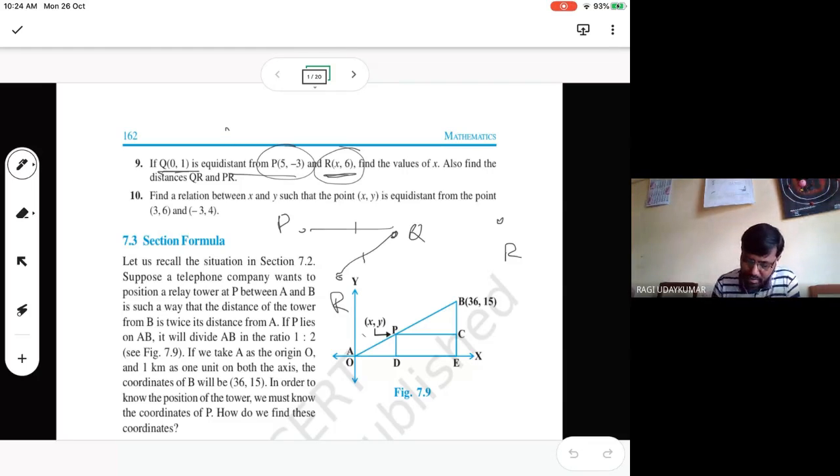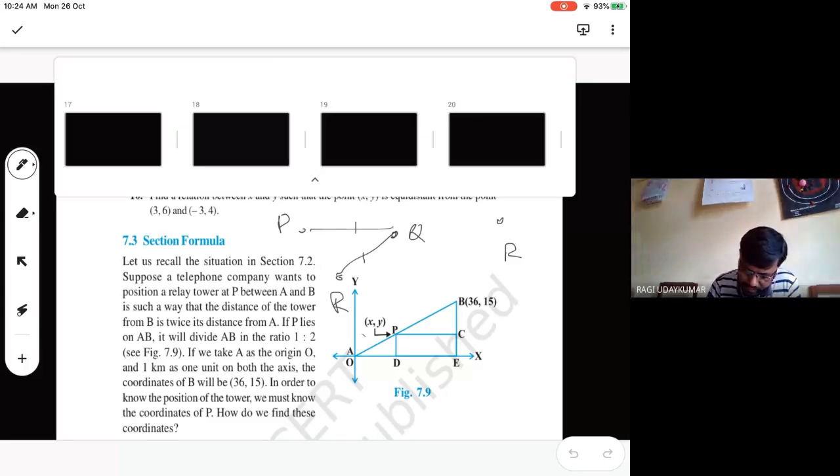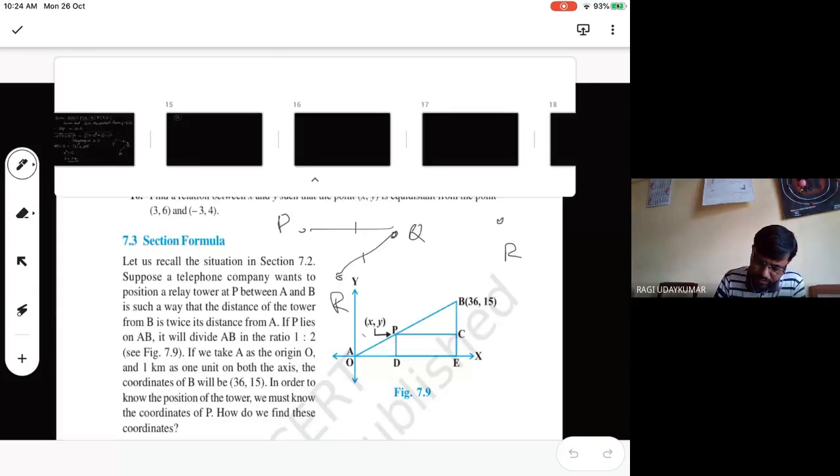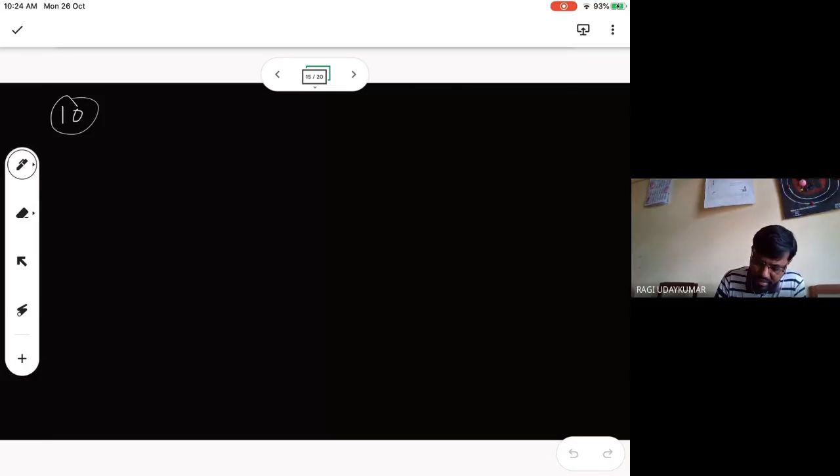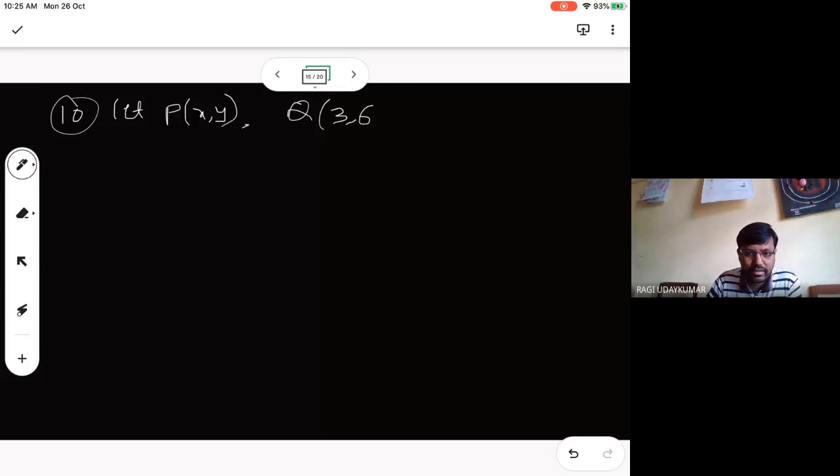Consider the point (x, y) as P, and the other two points as Q and R. PQ is equal to PR. So first, let point P be (x, y), Q be (3, 6), and R be (-3, 4).